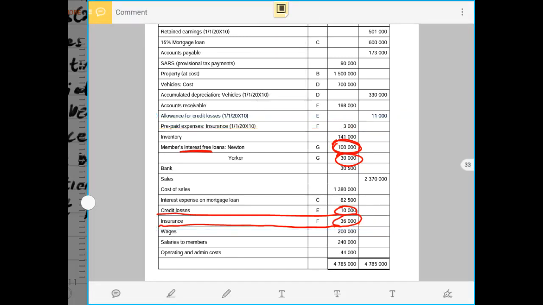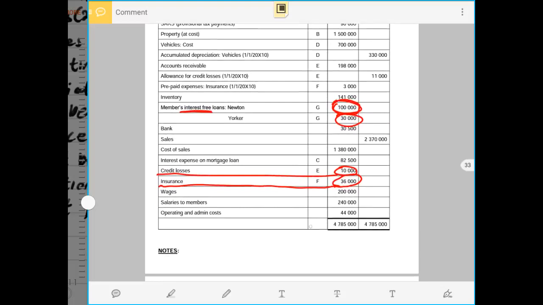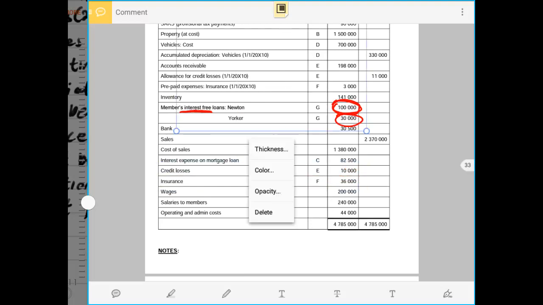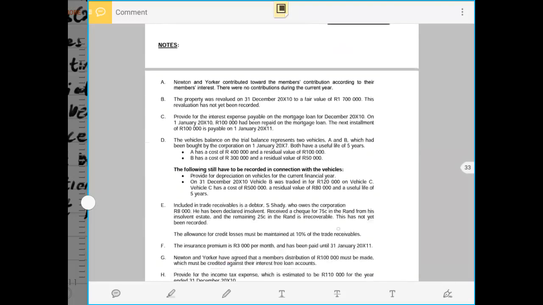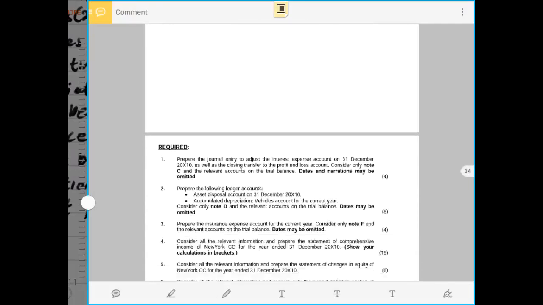Then let us continue. We have wages and salaries to the members. We also have operating administration cost of 44,000 rands. I will explain other entries as we go to the adjustments. Now let us go to the requirements before we take into account all the adjustments.